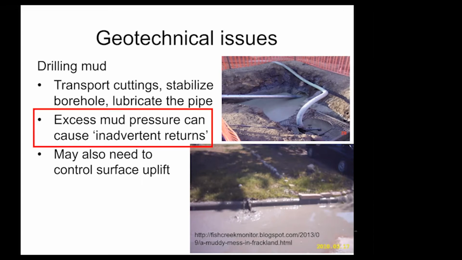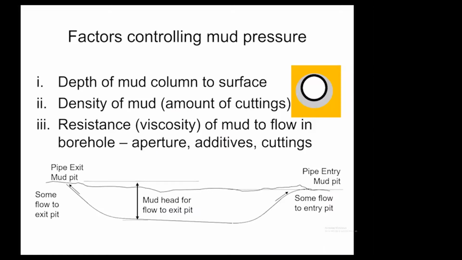I'm going to talk more about excess mud pressure and how we want to predict the limiting pressure that prevents mud from escaping from the borehole. Before I do that, I want to talk a little bit about what causes the mud pressure, what controls that mud pressure.